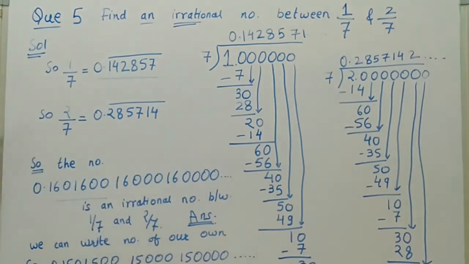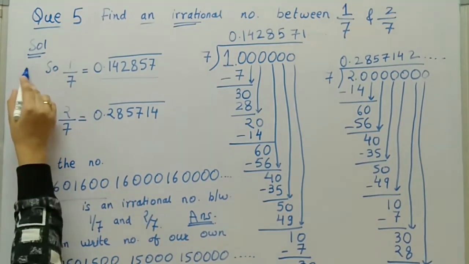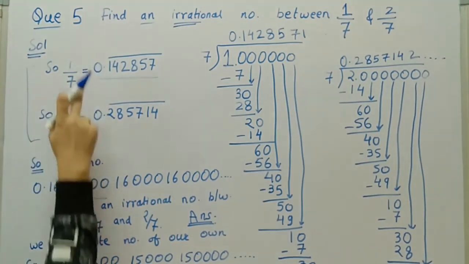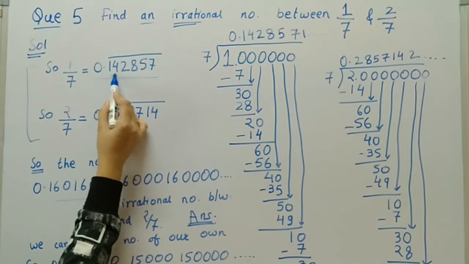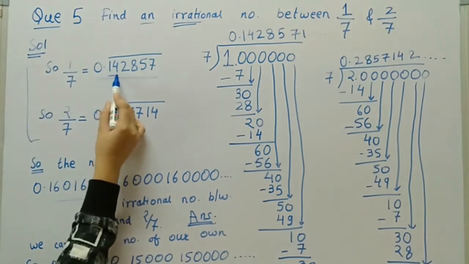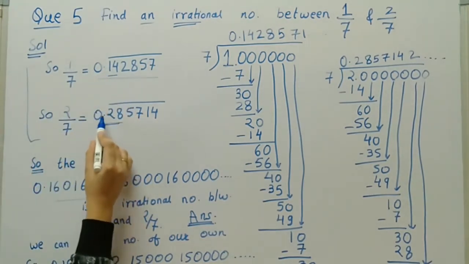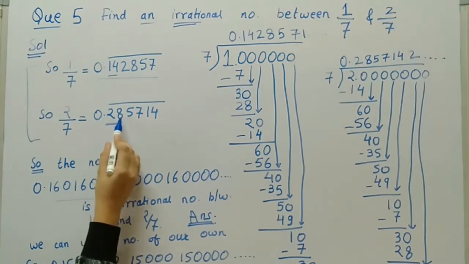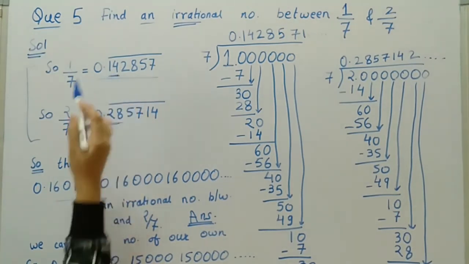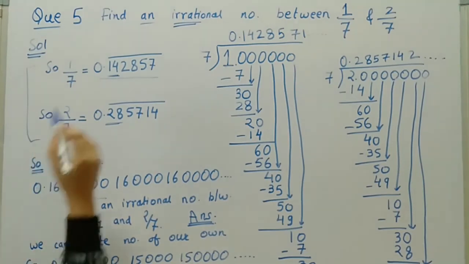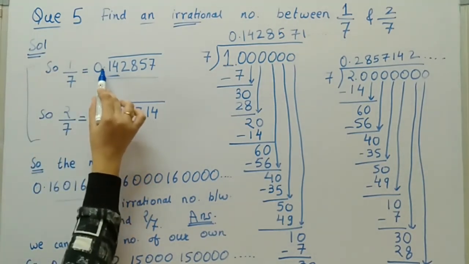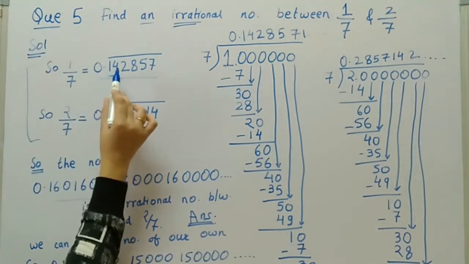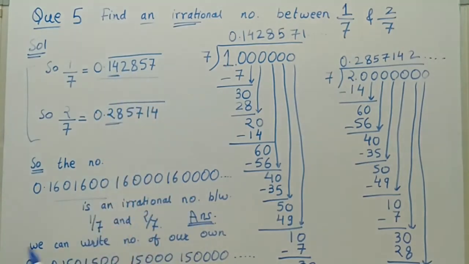Similarly, when we divide 2 by 7, we will get 0.285714 bar. Now if we carefully observe these numbers, so here we have 0.14 and here we have 0.28. So now we can write any number which is greater than 0.142857.